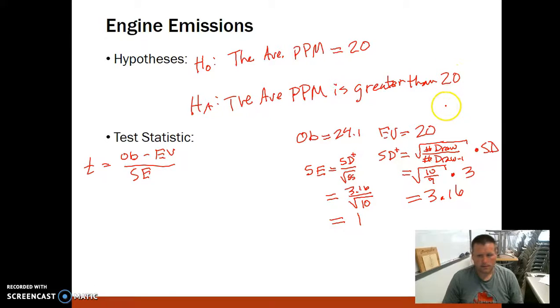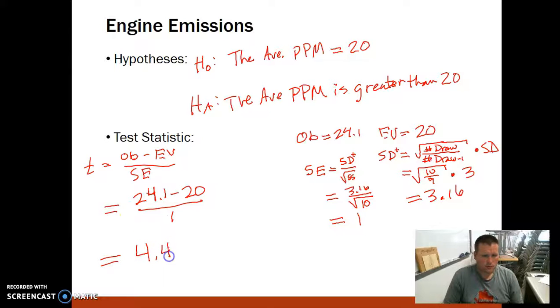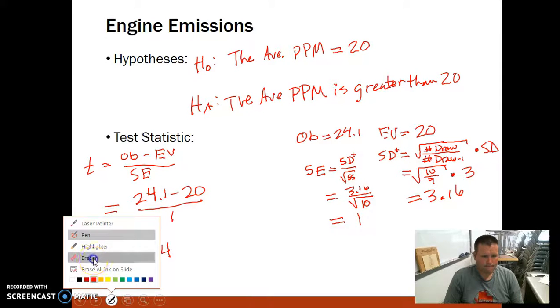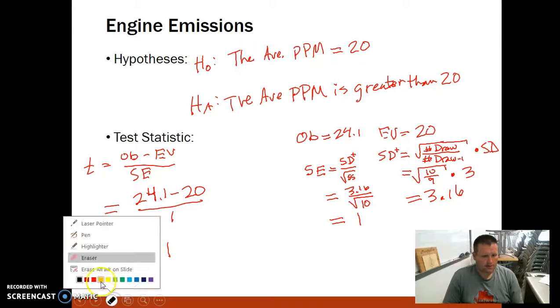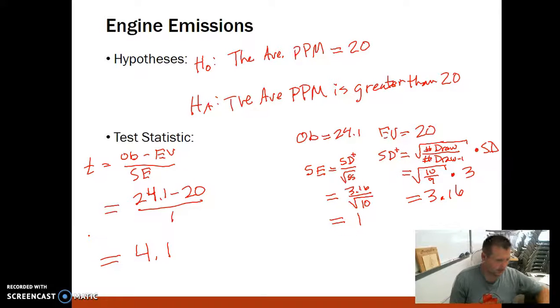And so now we can find our t-score. This is just going to be our observed, 24.1 minus our expected, which is 20, all divided by 1. And when we do that, we get 4.1. Oops, not 4.4. 4.1 here. So that's the little bit of a change there.